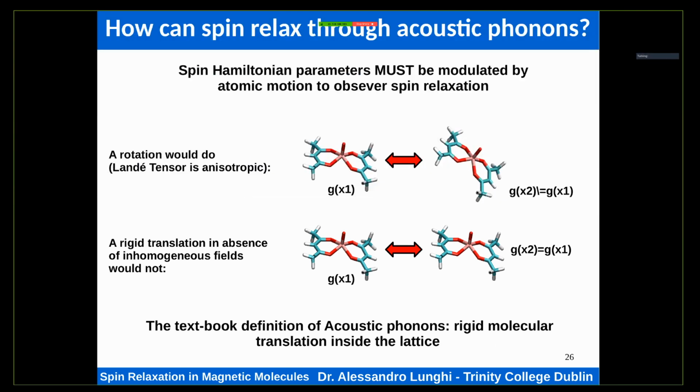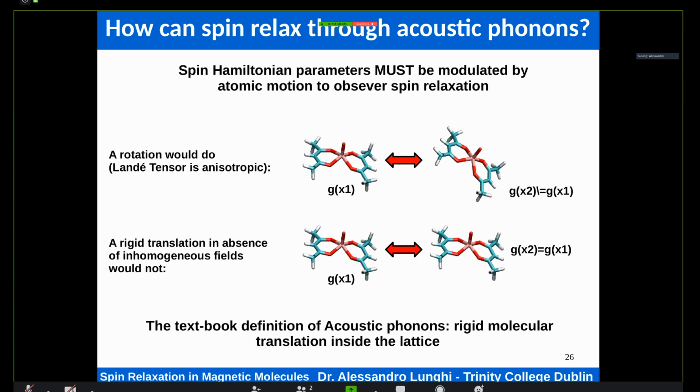Rotation, similarly, would also contribute to spin-phonon coupling because all these terms here, like G, are tensors, they are anisotropic, and it means that if you rotate the molecule, these numbers are going to change. So you have a derivative, and therefore you have a spin-phonon coupling.